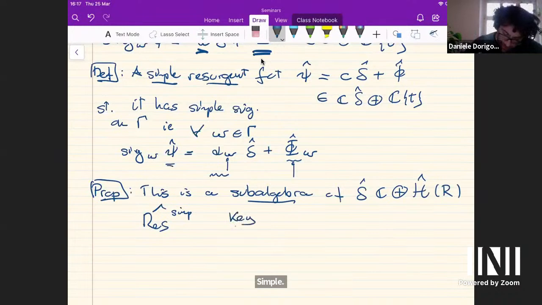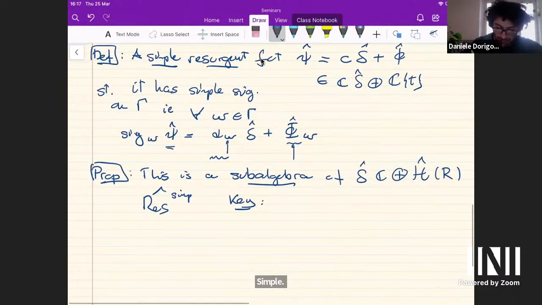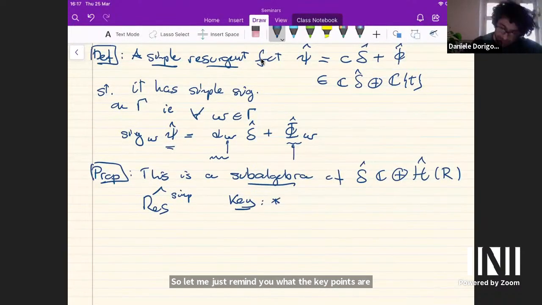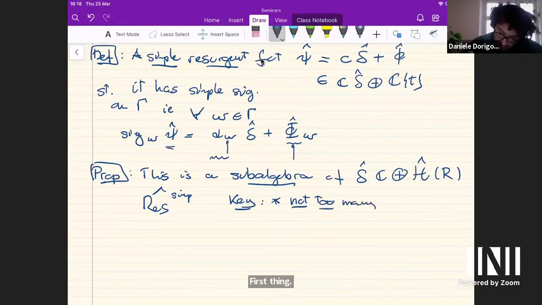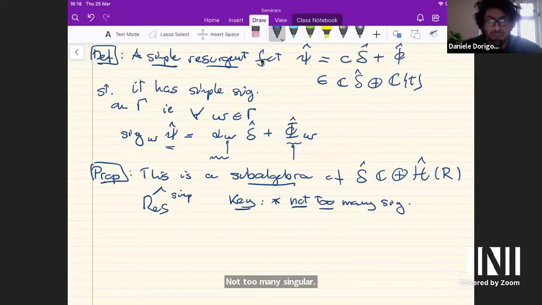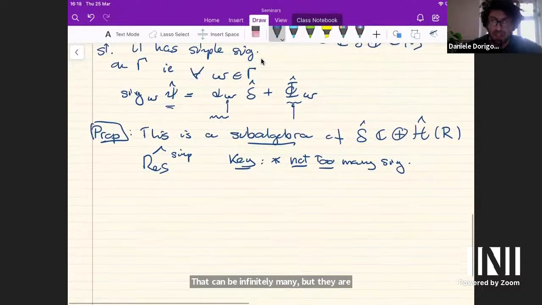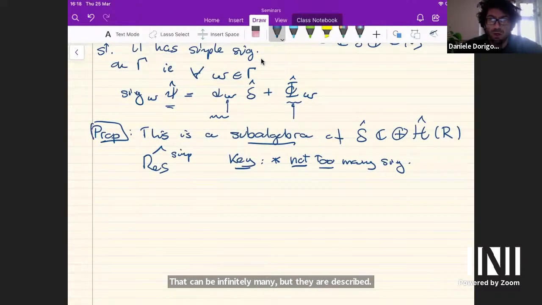So let me just remind you what the key points are. First thing, not too many singularities. There can be infinitely many, but they are discrete. There is no natural boundary of analyticity.